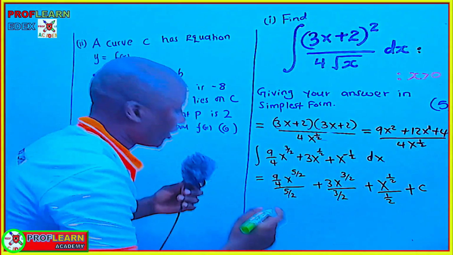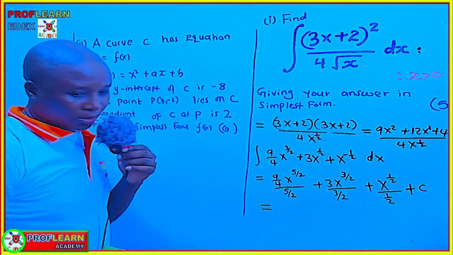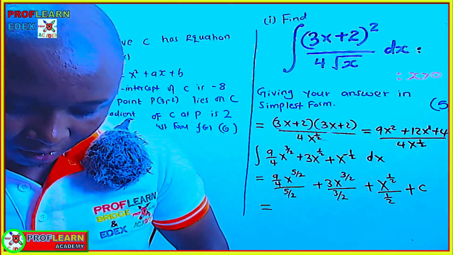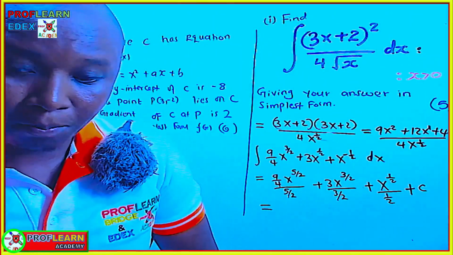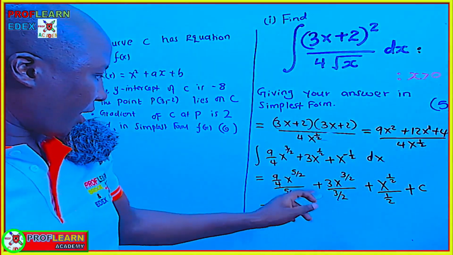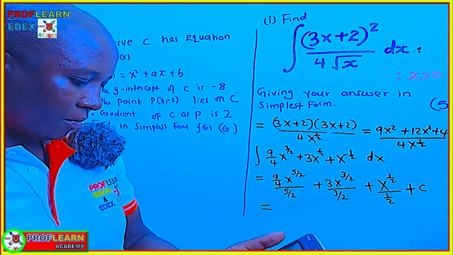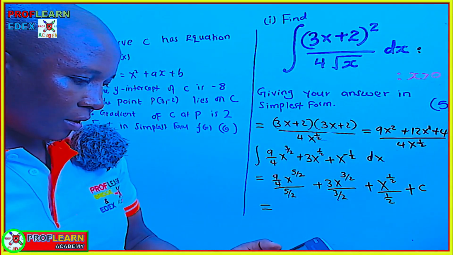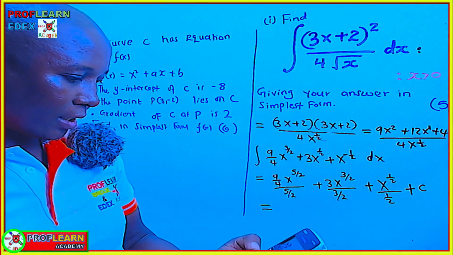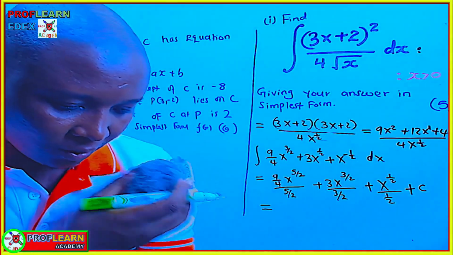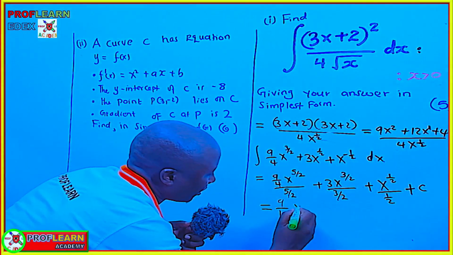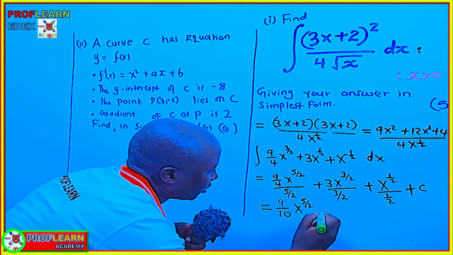So we are going now to simplify this expression that we have, and most of the time students get it wrong when it comes to simplifying the expressions. Now, in order to simplify this, we are going to say 9 over 4 divided by 5 over 2. That is going to translate to 9 over 10, 9 over 10 at this given point, x raised to power 5 over 2.